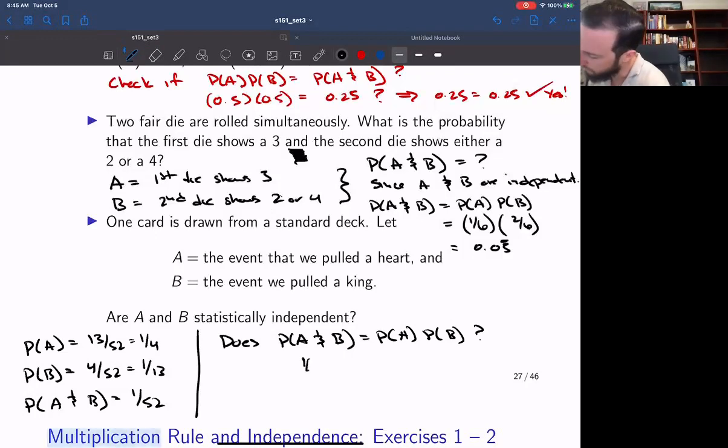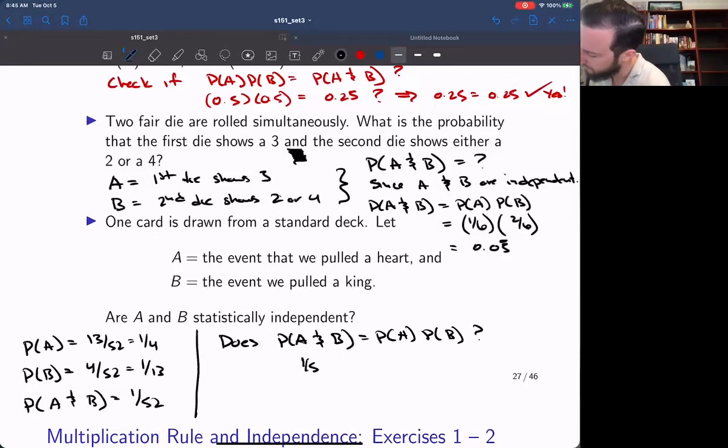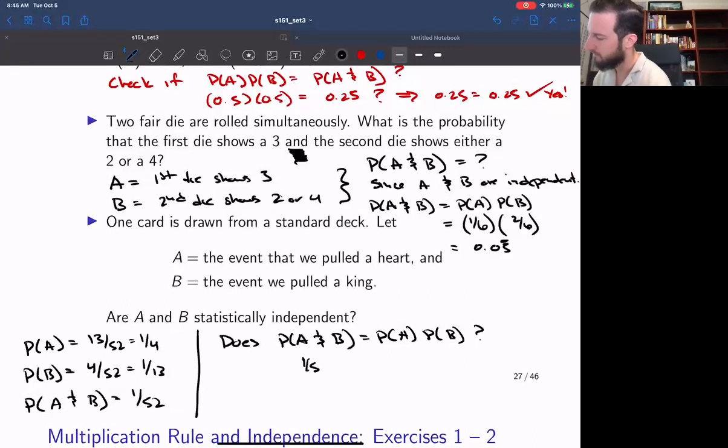Well, we have 1 over 52 is equal to 1 over 4 times 1 over 13. This is 1 over 52 equals 1 over 52.